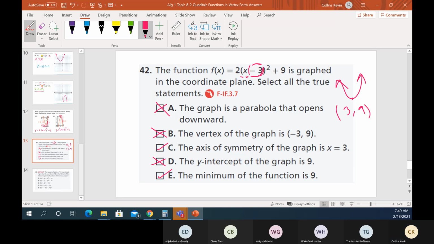Okay. So the key on this one is the y-intercept. You just plug in 0 for x. Okay.